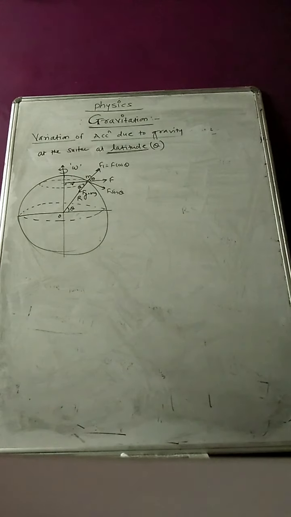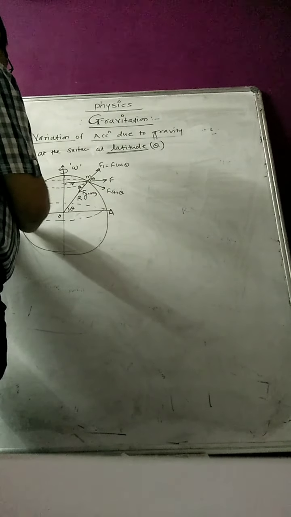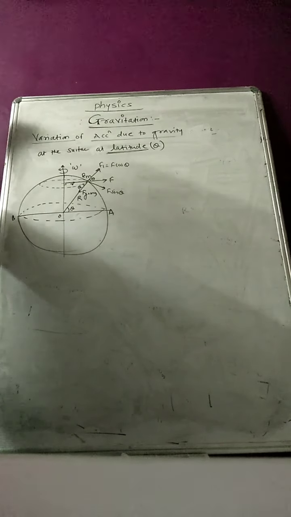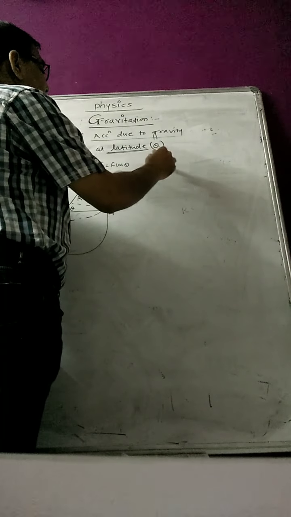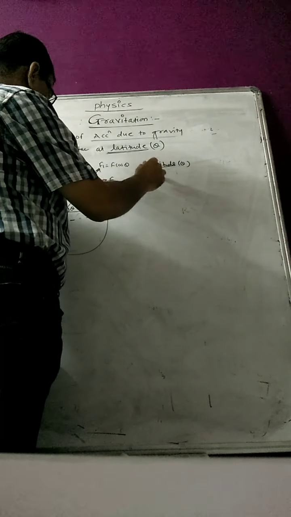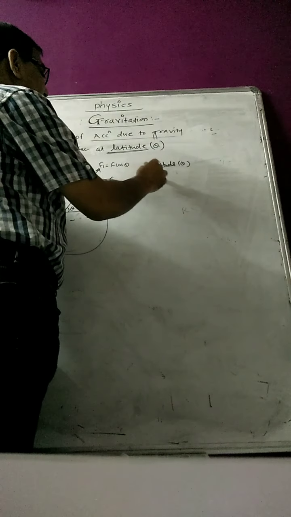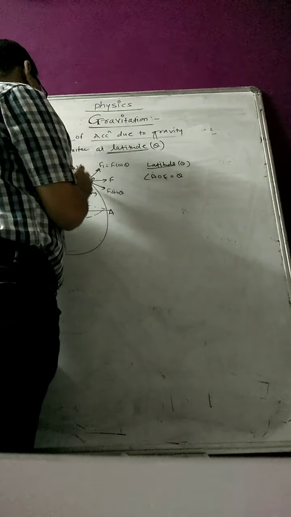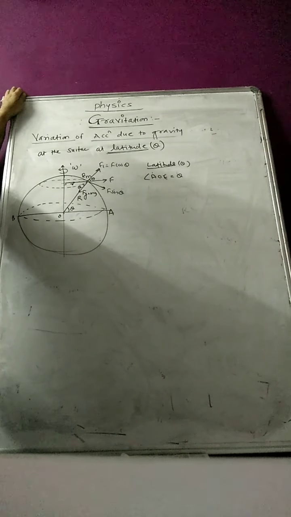O will be the center, E will be that particular point, AB is the diameter, and here this is the point E. Suppose at this latitude, which latitude we want to calculate, the latitude will be theta. The angle AOE is the latitude, so that is theta. At this particular point I want to find out the variation of acceleration due to gravity.